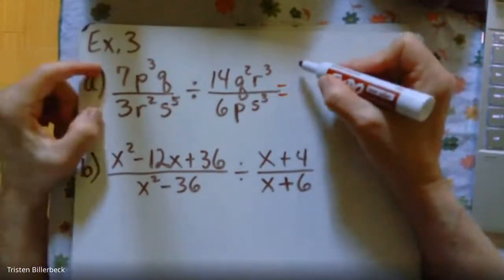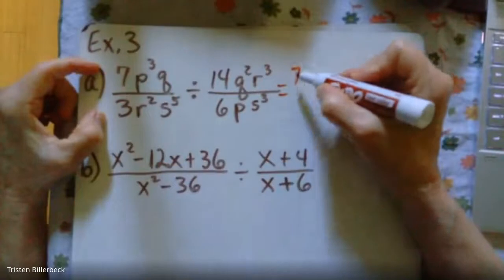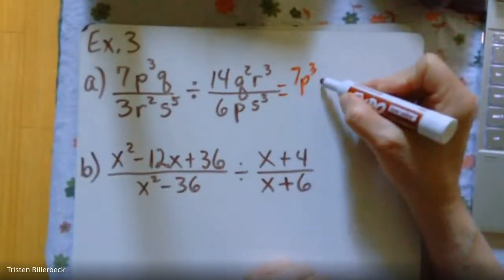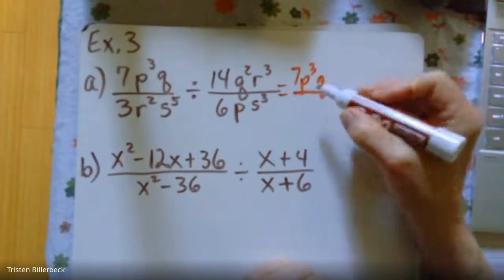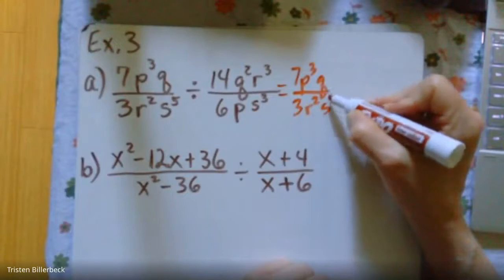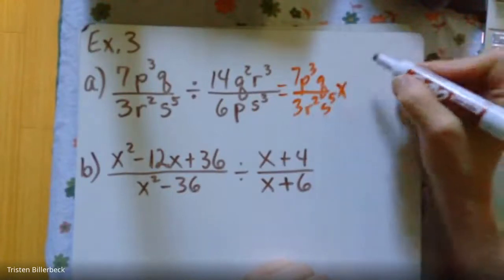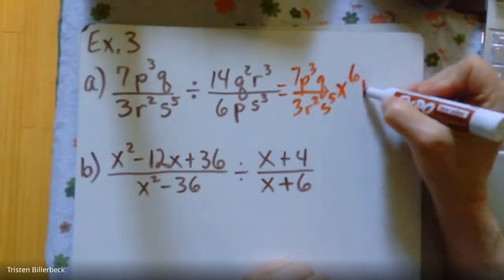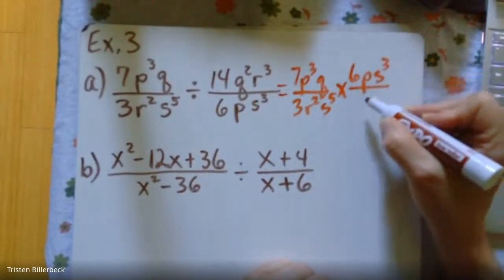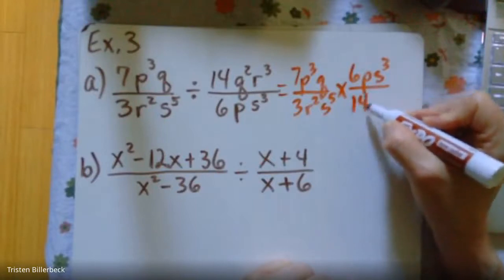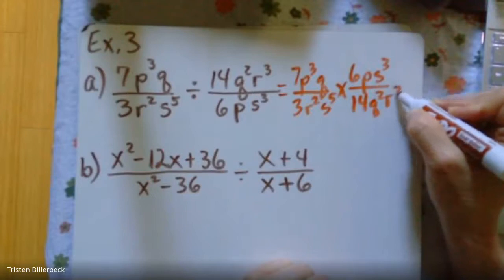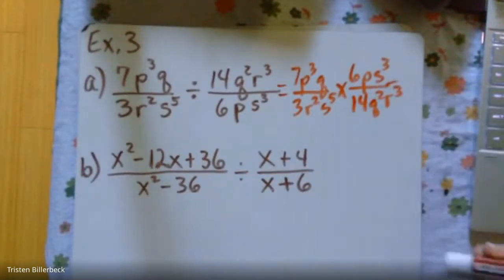So we have 7p cubed times q over 3r squared s to the 5th, times 6p s cubed over 14 q squared r cubed. Okay, let's start looking at stuff.